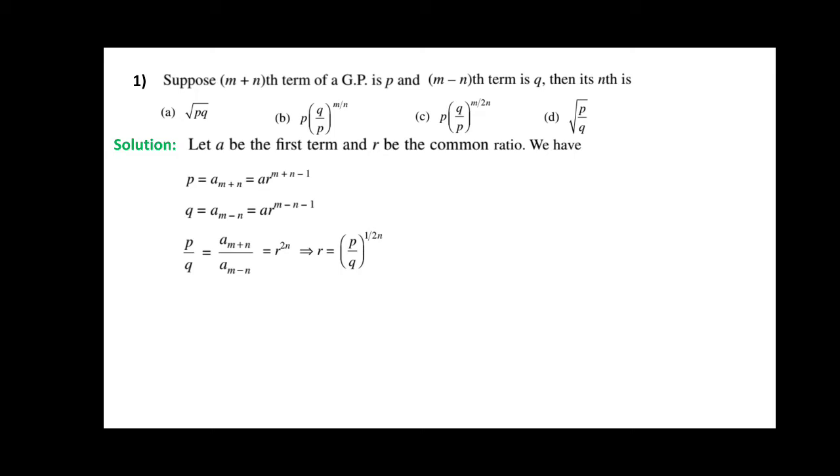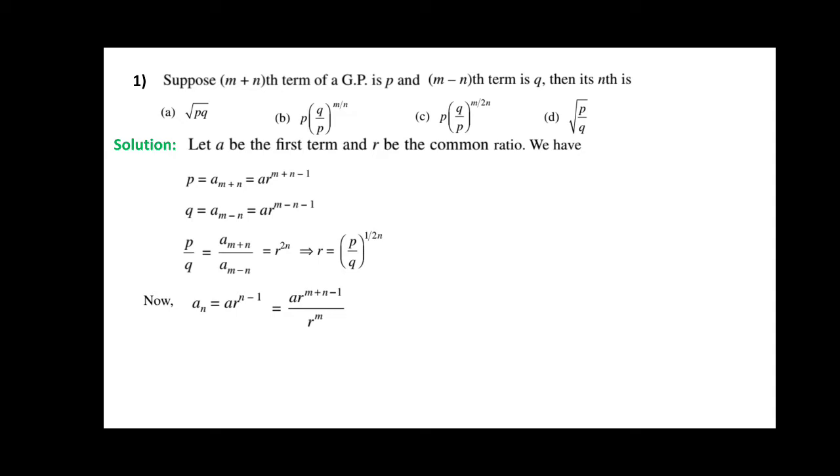Now let us find the nth term, that is a into r to the power n minus 1. For this term I am multiplying and dividing by r to the power m, so it becomes a into r to the power m plus n minus 1 divided by r to the power m.